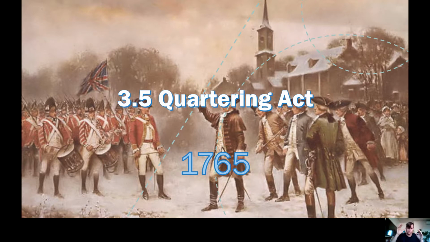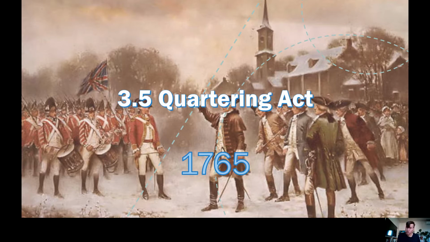Now, when the Stamp Act is repealed, one of the reasons Parliament repeals it is because Thomas Gage, the general of the British troops in the colonies, tells Parliament there are not enough British regulars to control the situation in the colonies if they were to rebel. So Parliament, in response, issues the Quartering Act.